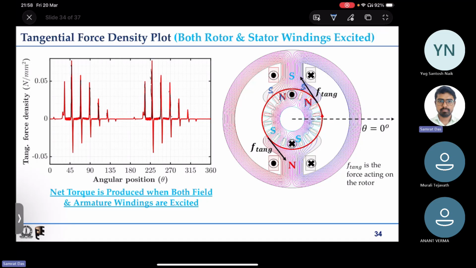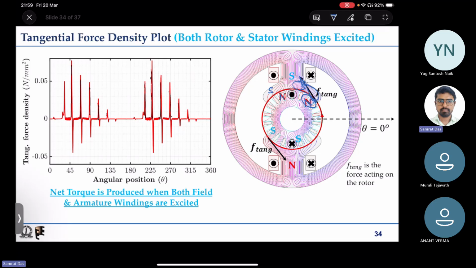So this north pole will be attracted by the south pole in the radial direction, as well as some component in the tangential direction, because this whole region is the stator south pole and this region is the rotor north pole. So there will be some force in this direction which will have some radial component and some tangential component as well.